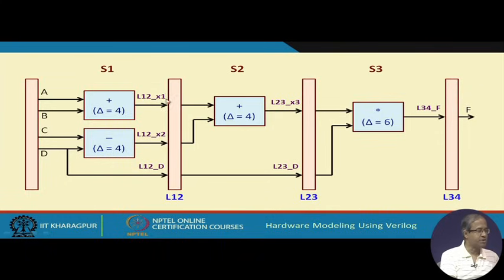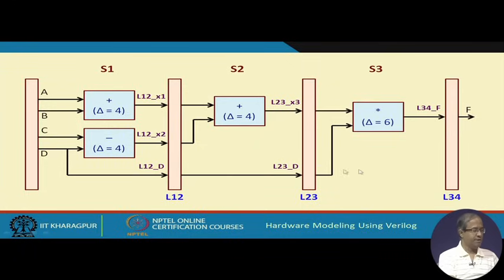So, L12 underscore x1, L12 underscore x2, and D. Similarly, L23 underscore x3, D. You see D is being forwarded. The value of D when it reaches here we call L12 underscore D, and when that value reaches here we call it L23 underscore D, and finally, when we store the value F here we call it L34 underscore F, because I am assuming there will be a fourth stage after this, right.